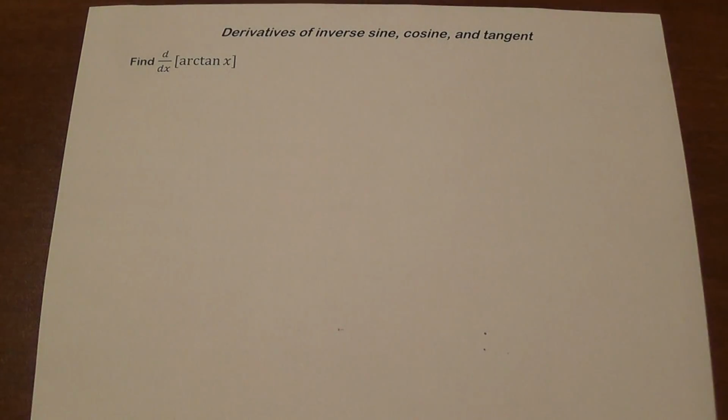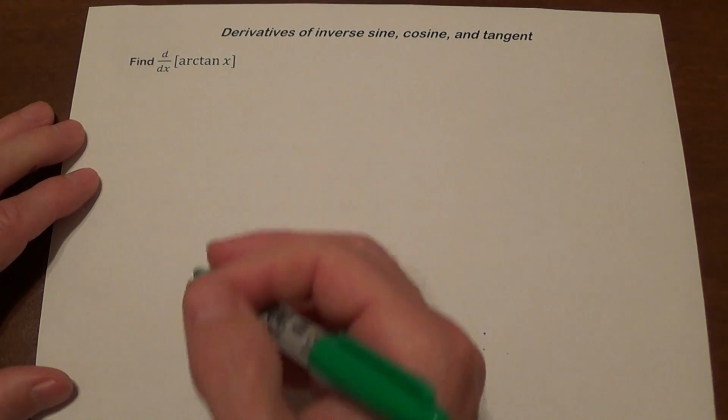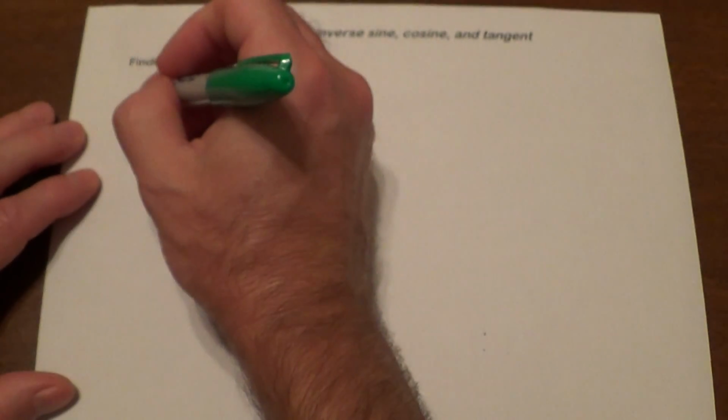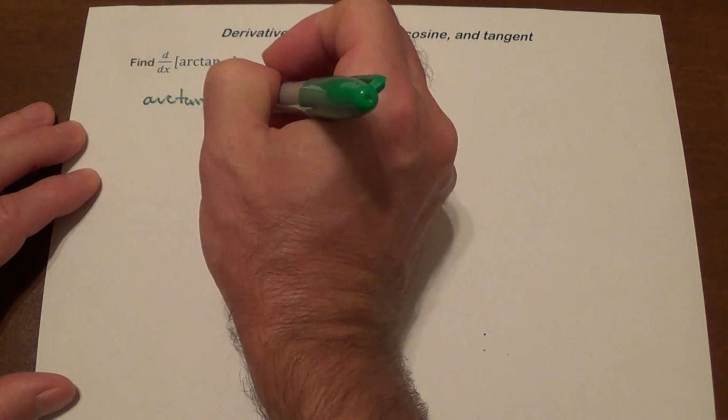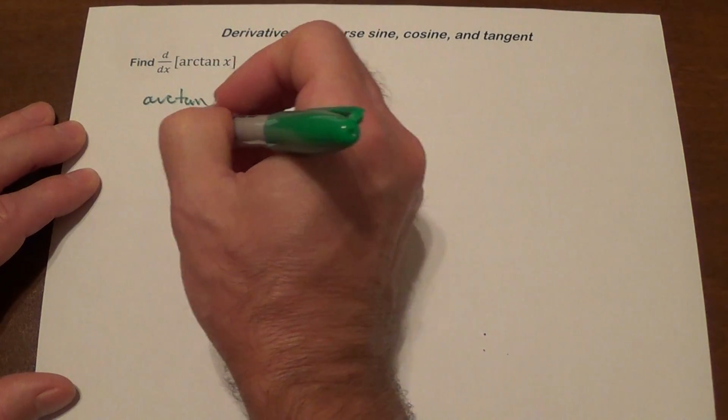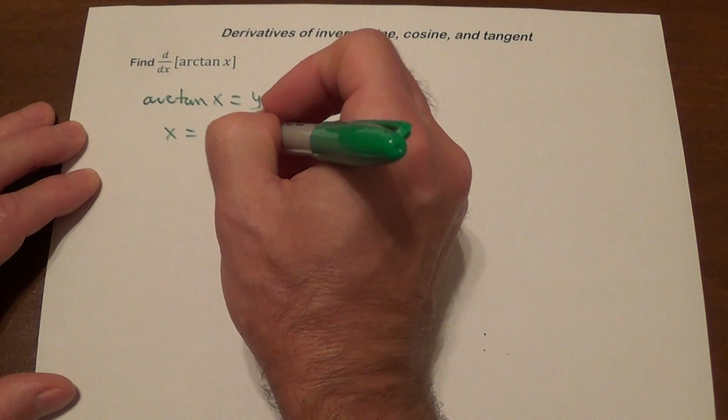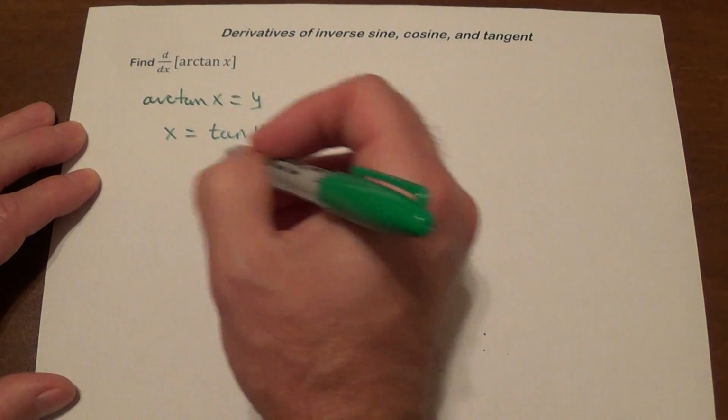Okay, and finally arctangent. So with arctangent, we're pretty much going to use the same exact process that we used, nothing different. So for arctangent, we're going to write that arctangent x equals y, which means x equals tangent y, right?